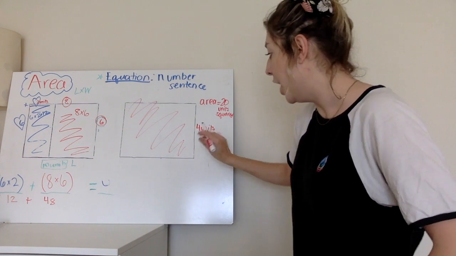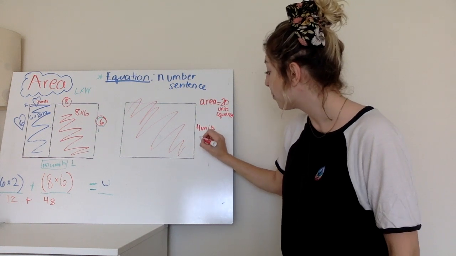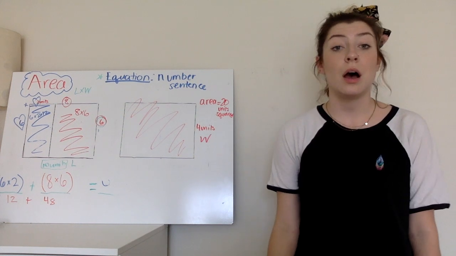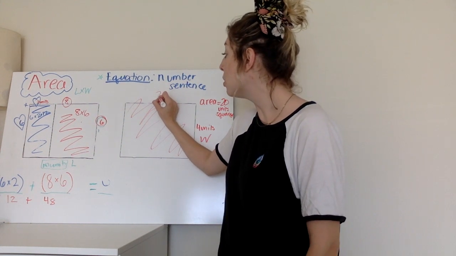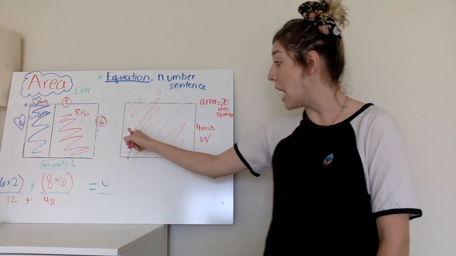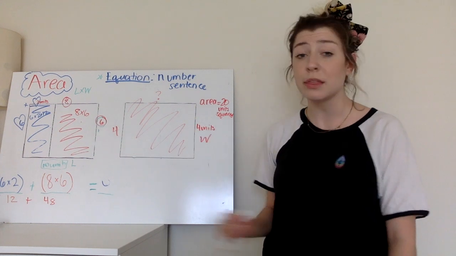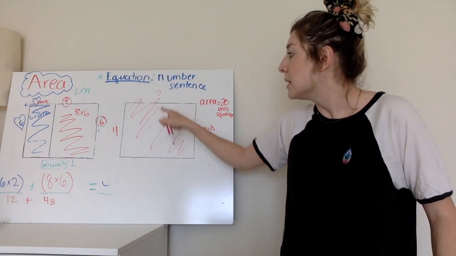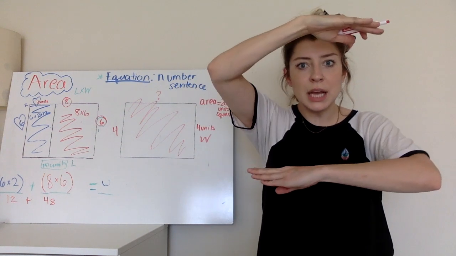And we know that this side is 4 units wide. But spaghettios. I have no clue what this side is. I know that this side is also 4 units because opposite sides are equal length. But, oh my goodness, how do I find out what the length of the top sides are?